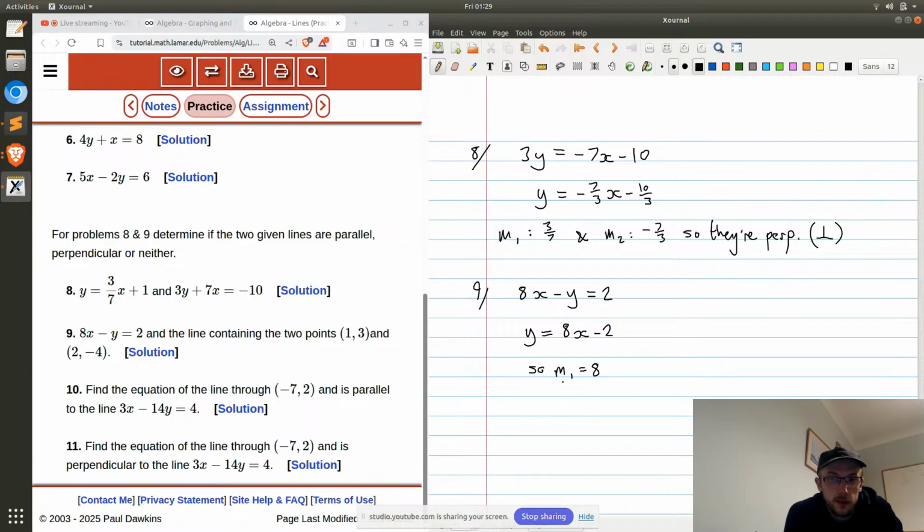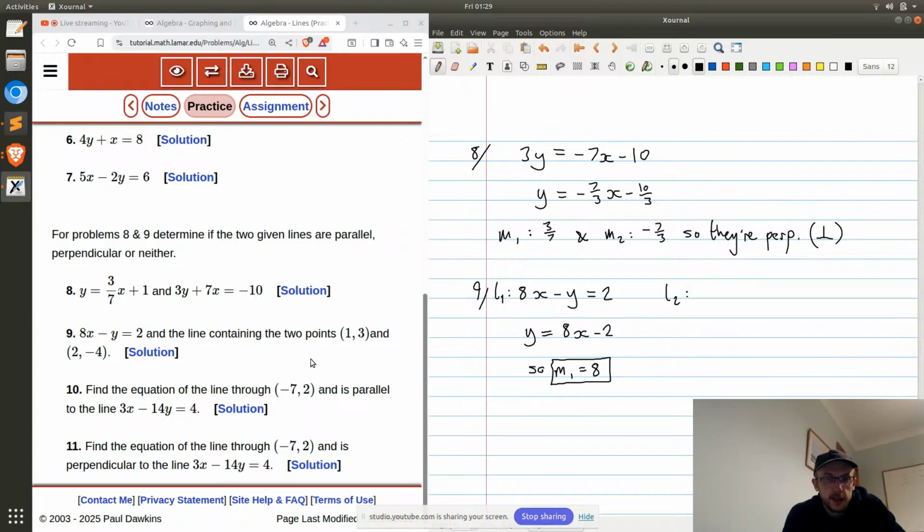So m1, the gradient of the first line, is equal to 8. And now for the second line, you can write L1 here and L2 here, organizing your thinking.